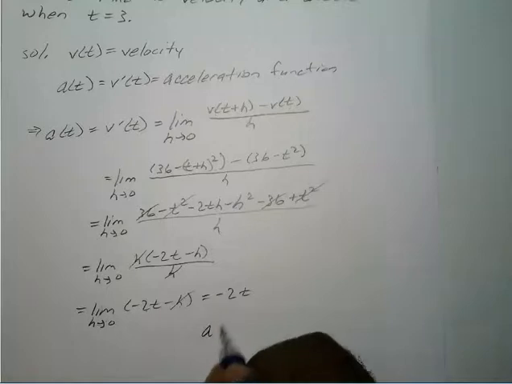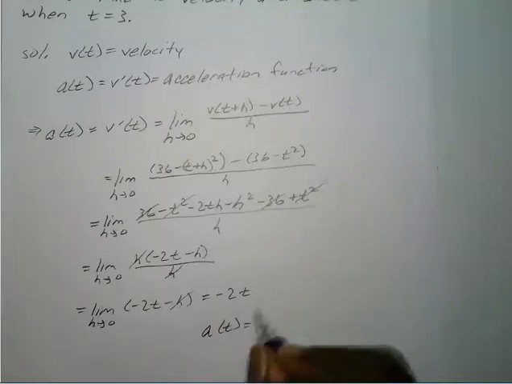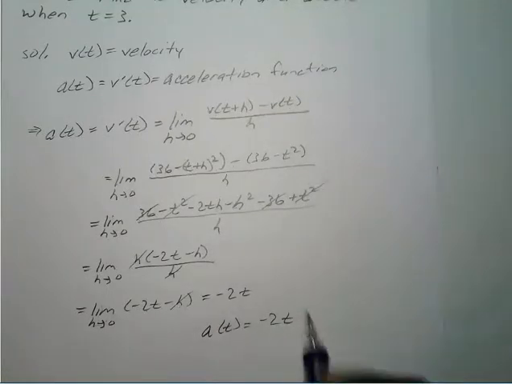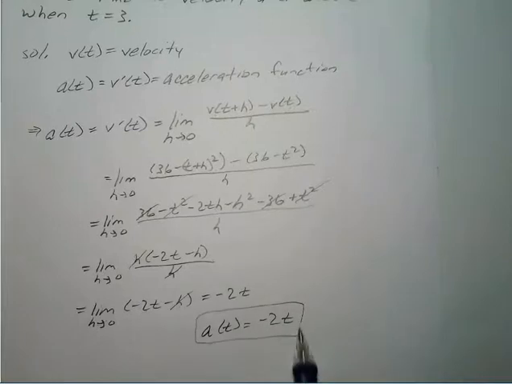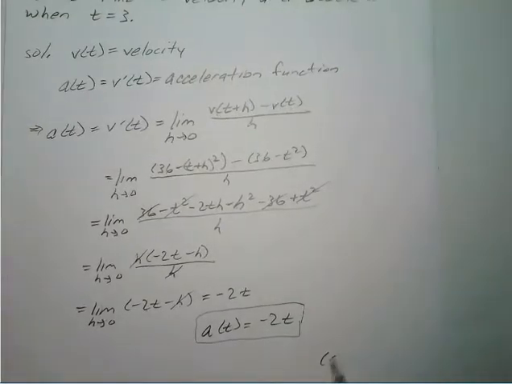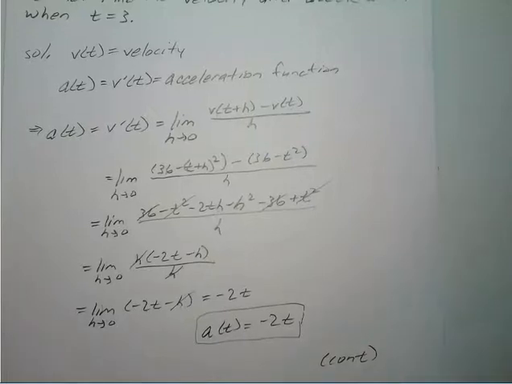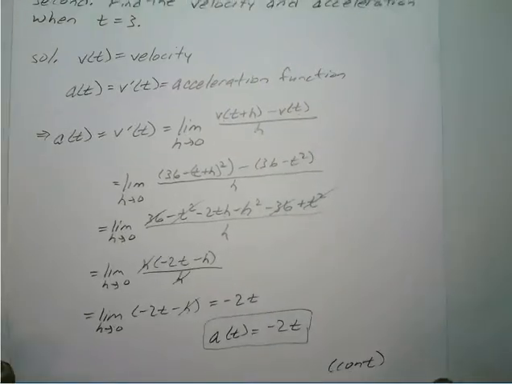So our acceleration function is negative 2t. Okay, we're not done yet, but we're getting close. If you're still writing, feel free to press pause. But we're going to go ahead and finish this up on the next page.